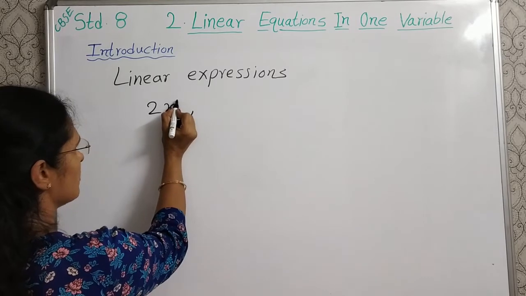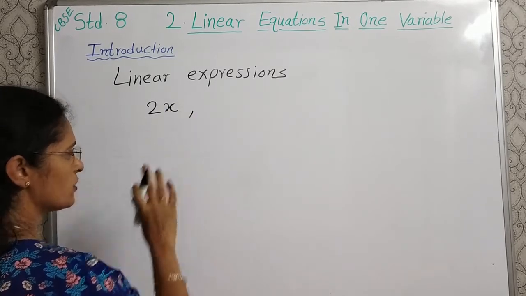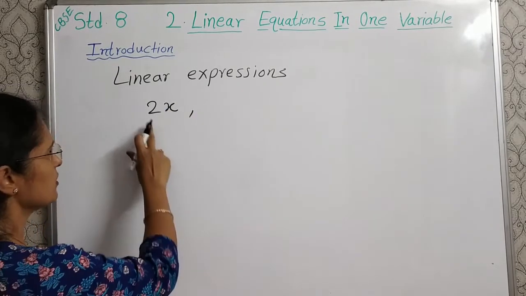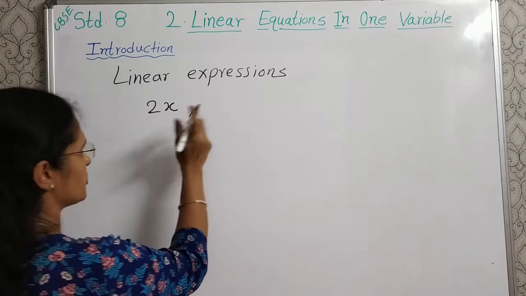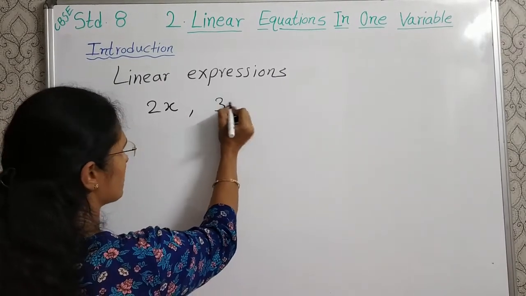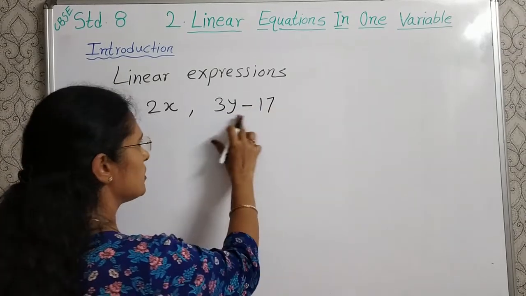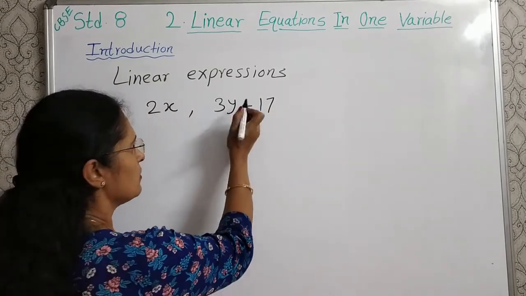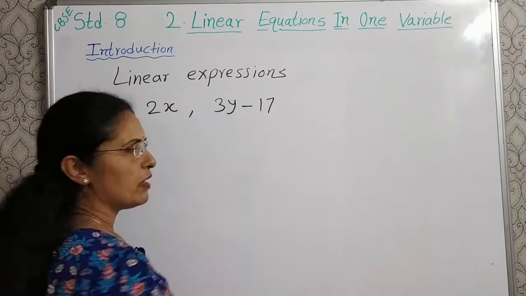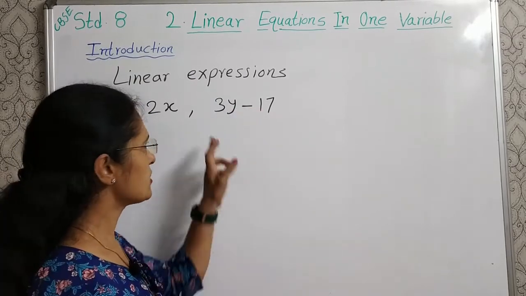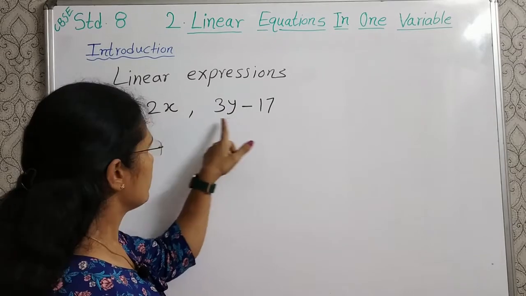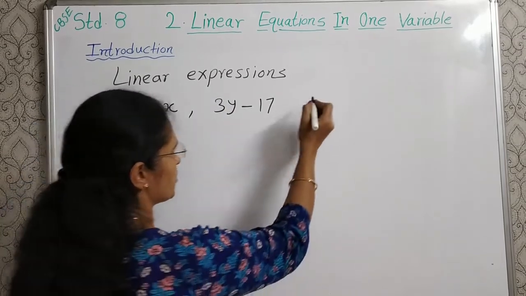Here the power is 1 and the highest power is 1 only. So this is the linear expression. Another expression 3y minus 17. Now here the variable is y and the power is 1, and that is the highest power in this expression. Therefore this is linear expression.